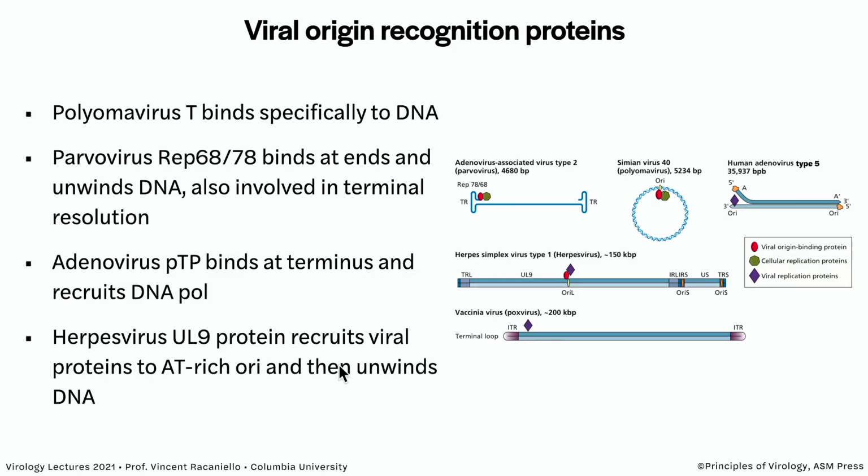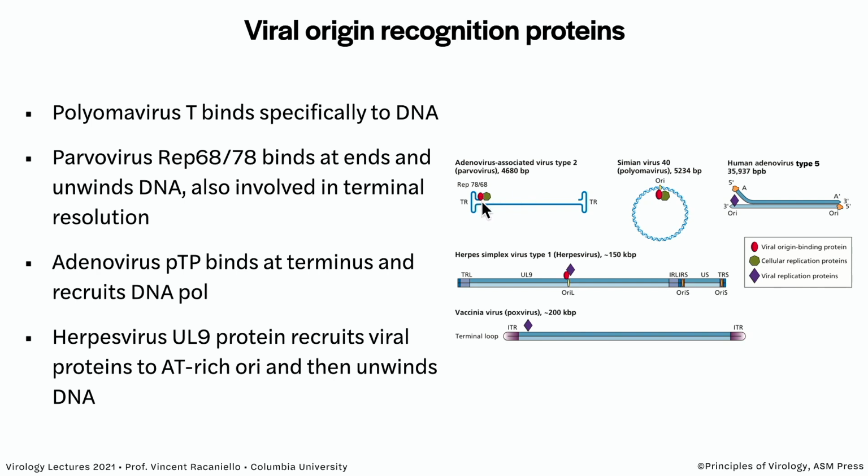Recognition proteins are, again, the proteins encoded by the virus that bind the origin. This is really a key feature because it gets replication going, especially for the small genome where you have to recruit the cellular apparatus. And we've talked about large T of polyomaviruses, which binds the origin. The parvovirus Rep68/78 binds the origin at the left end.